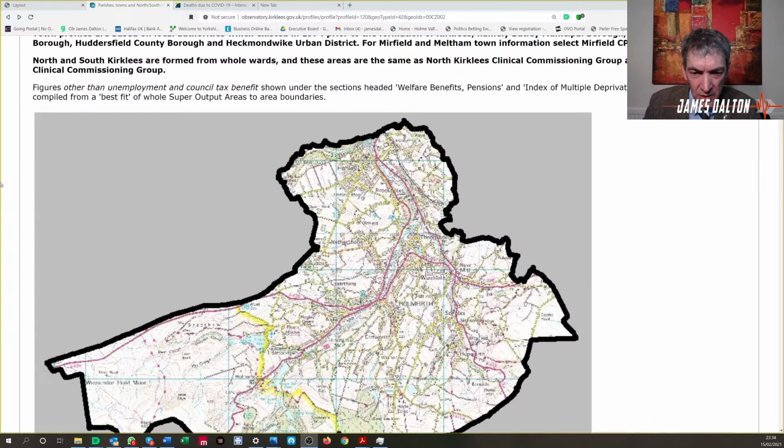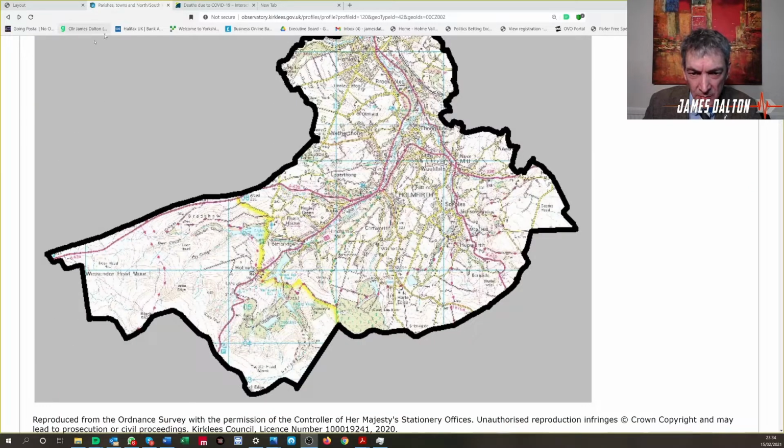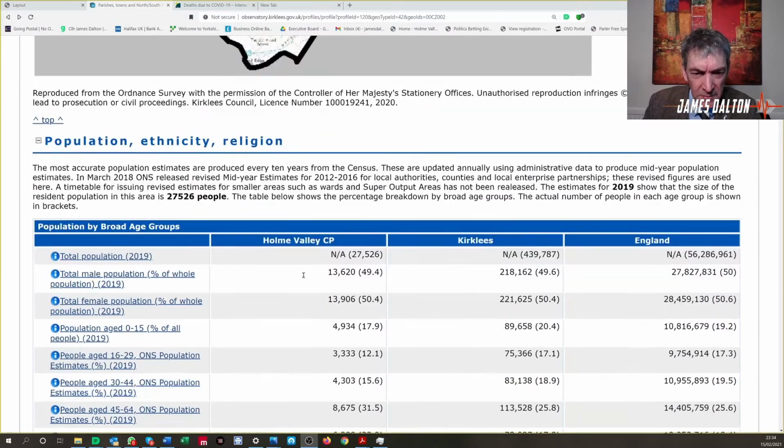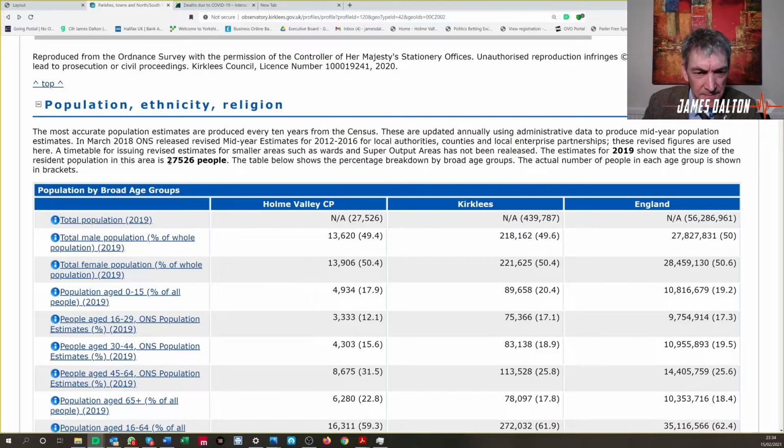So let's take a look. There's our parish boundaries, Holmfirth here in the middle, and what we can see is that the Holme Valley Parish has a population, in March 2018, the estimates for 2019 here, of 27,526 people.